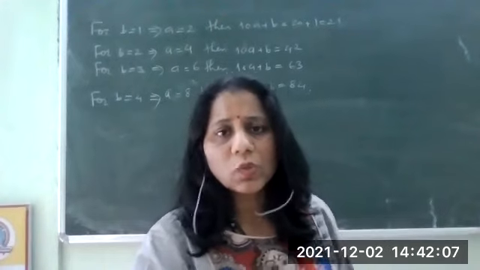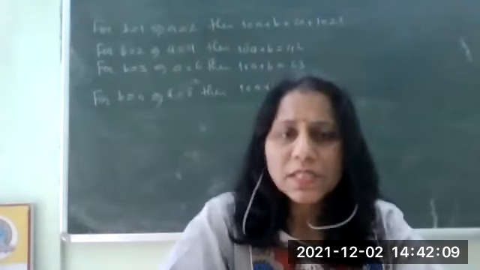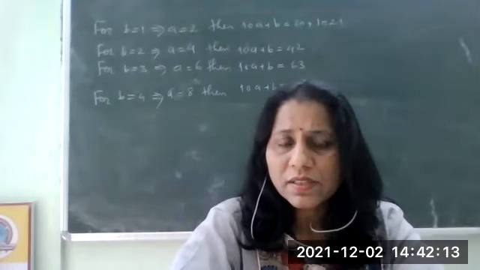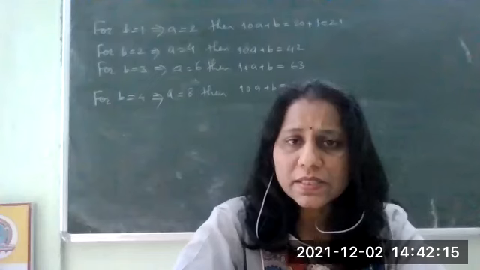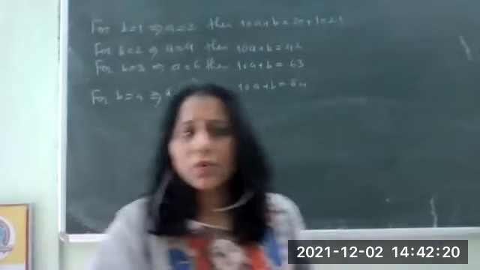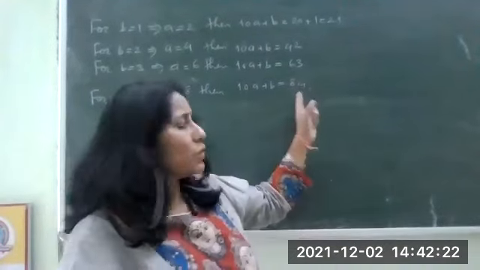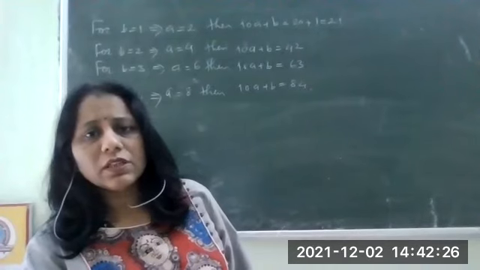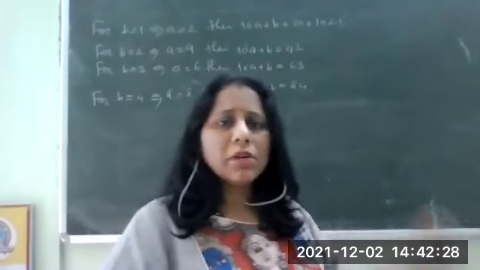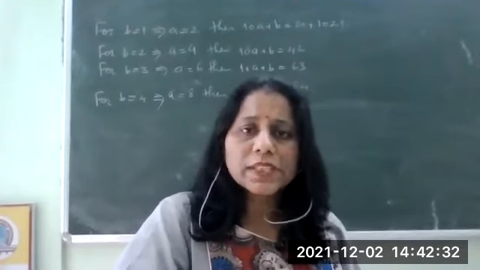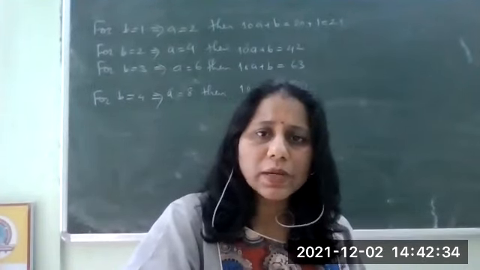Yes. 42, 4 plus 2 is 6. 42 upon 6, is it 7? Yes. 63, 6 plus 3 is 9. 63 upon 9, again 7. And 84 upon 12, because 8 plus 4 is 12. So 84 upon 12, again 7. So we find that all these numbers satisfy the condition.